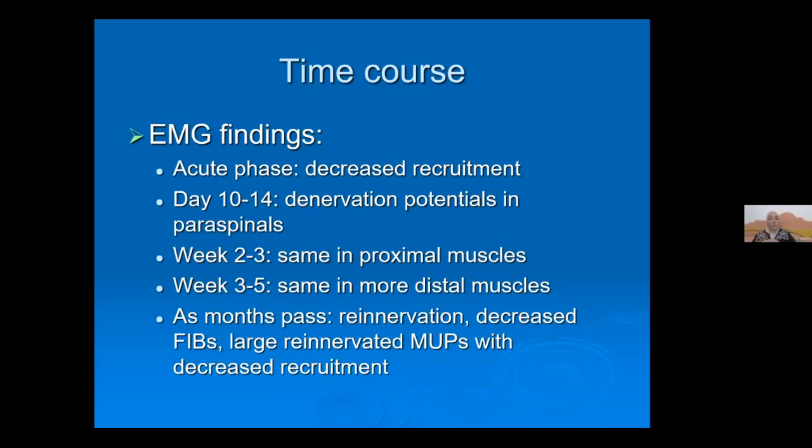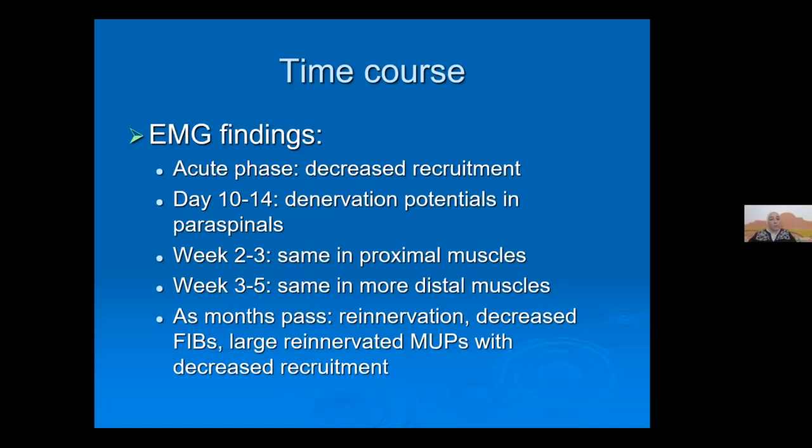I will talk to my patient, but I have to keep in mind that in the acute phase, I will just have decreased recruitment. If I'm expecting or wanting to see more abnormalities, then I have to do my test starting day 10 to day 14, because it's when the denervation appears.